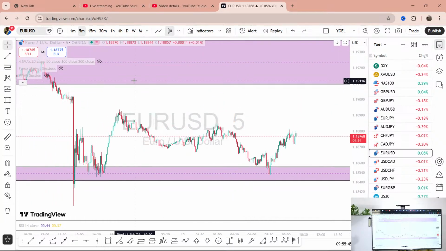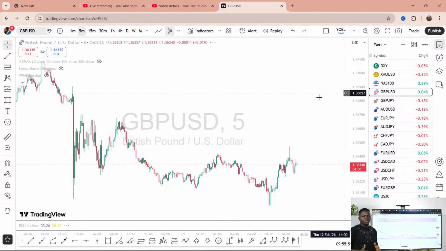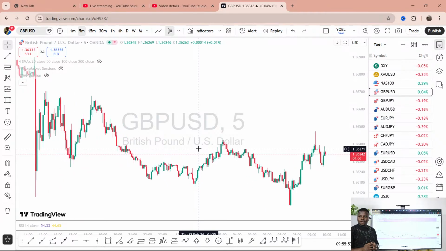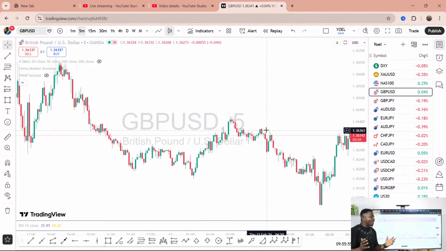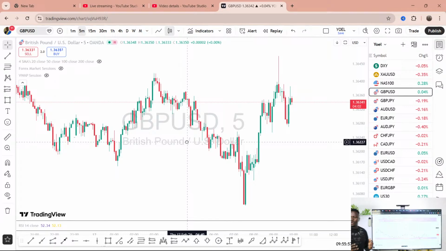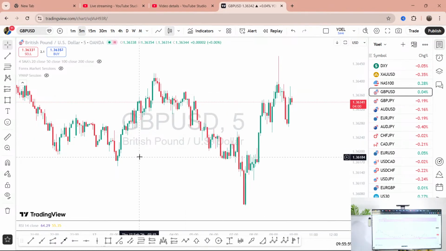If we want to trade GBP USD now, who can give me the setup for it? If we want to consider a buy or a sell, who can give us a setup for it? If you give me a very good setup, like you explain it like a trader, you are going home with 5,000.